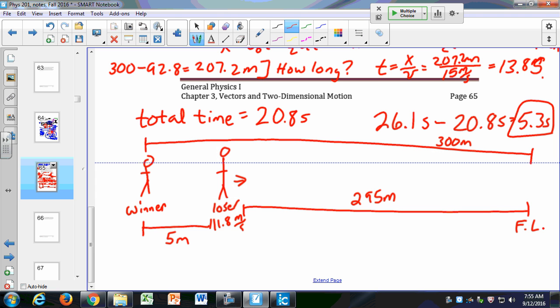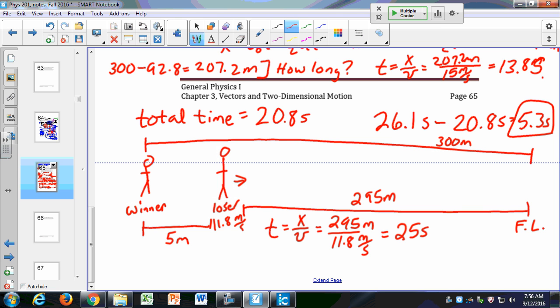So in order to find the time, t is equal to x over v. It's going to be 295 divided by 11.8, and that gives me 25 seconds. All right.